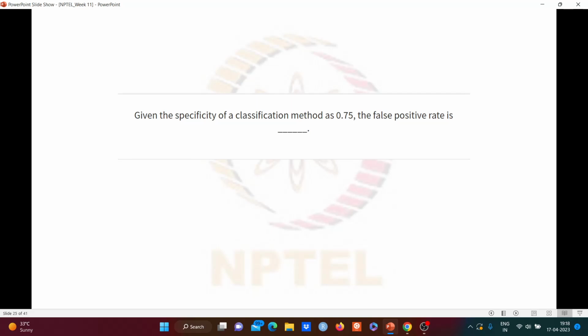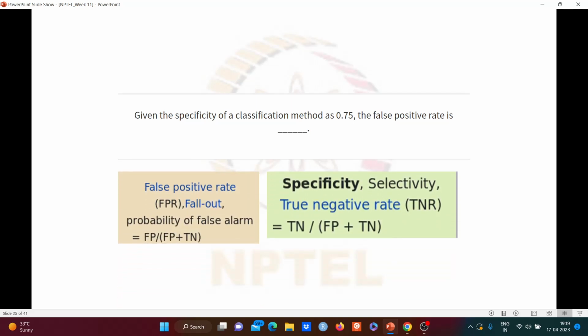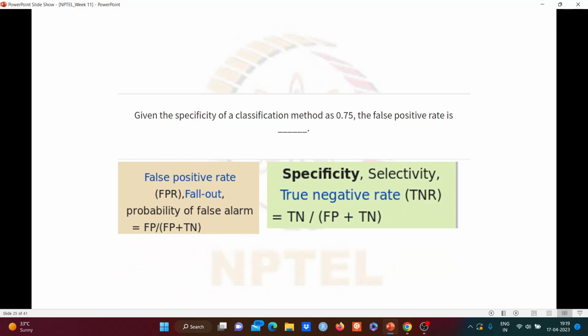Given the specificity of a classification method as 0.75, can you predict the false positive rate? So here are the formulas for them.